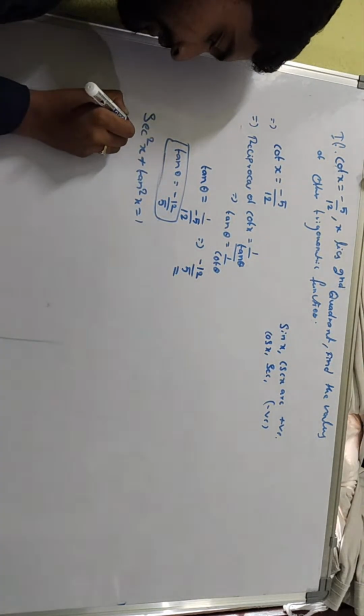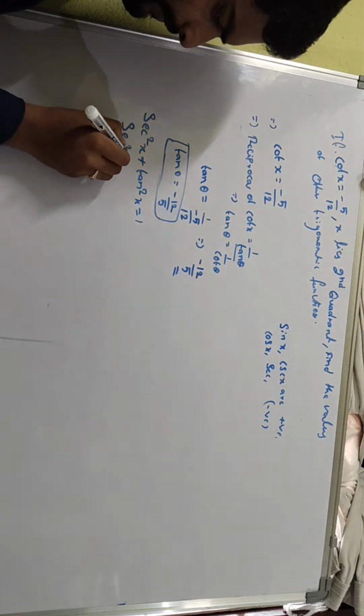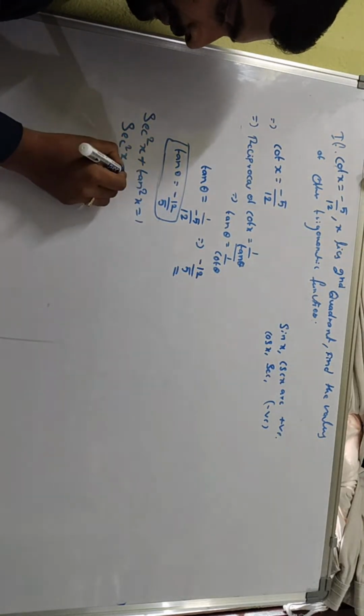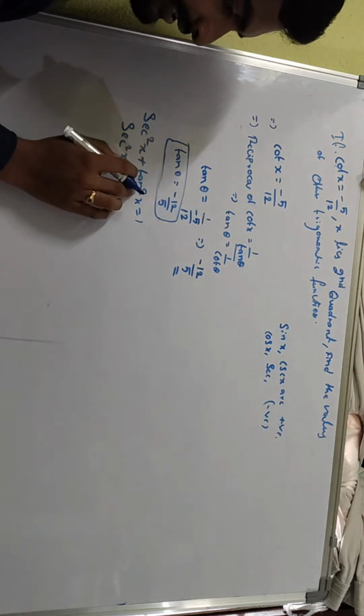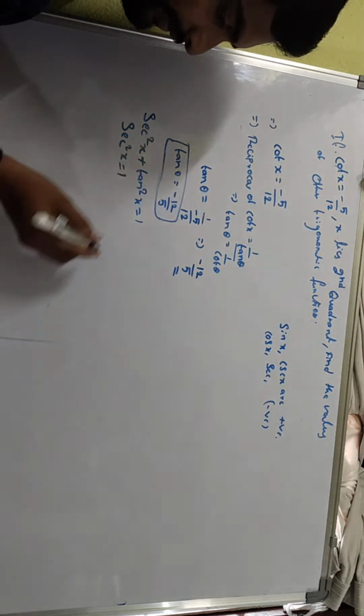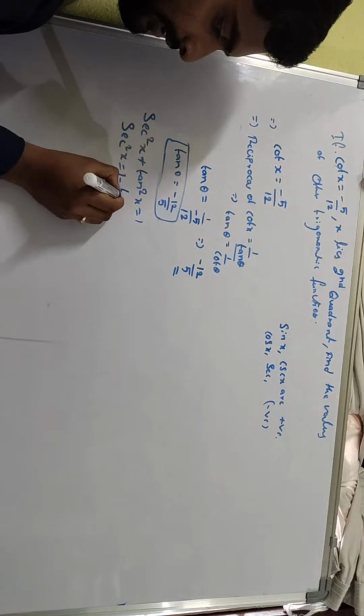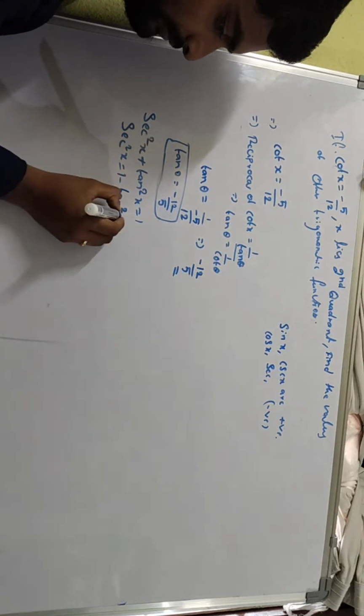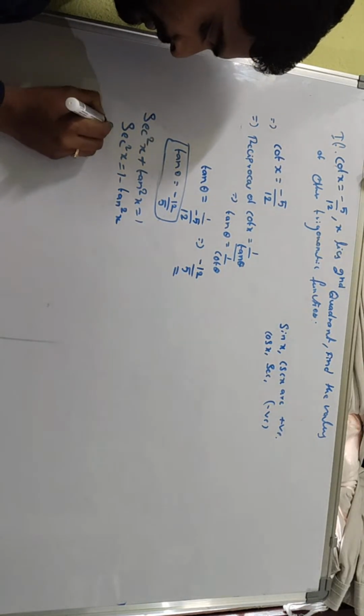We get secant square x is equal to 1 plus tan square x.